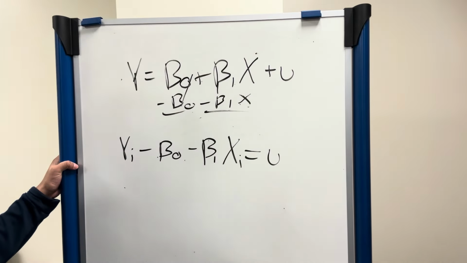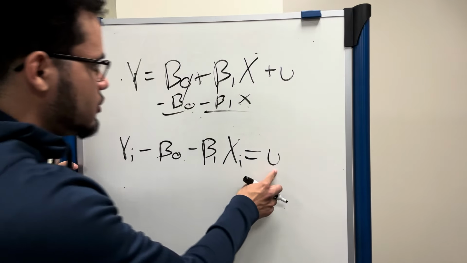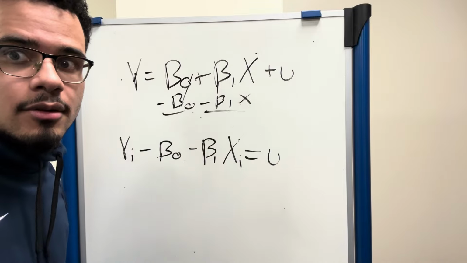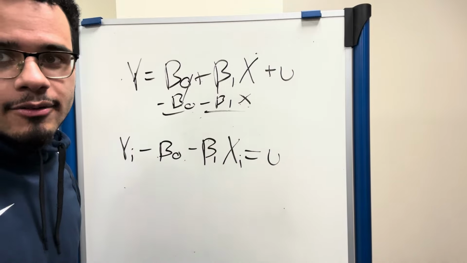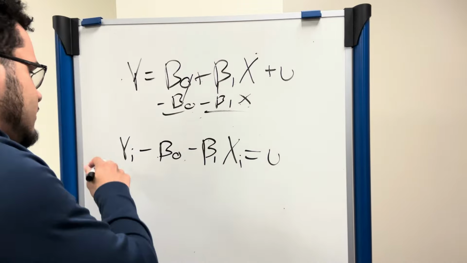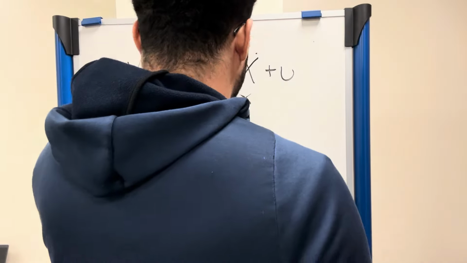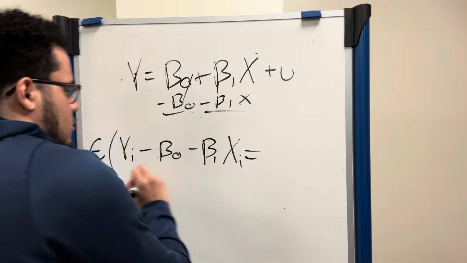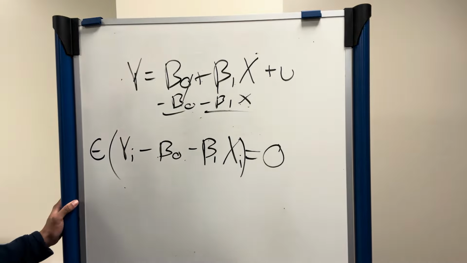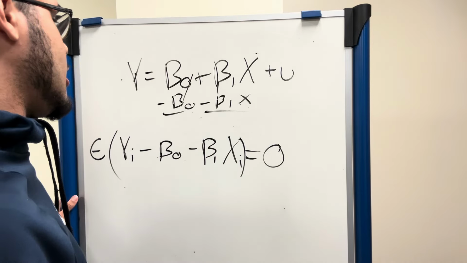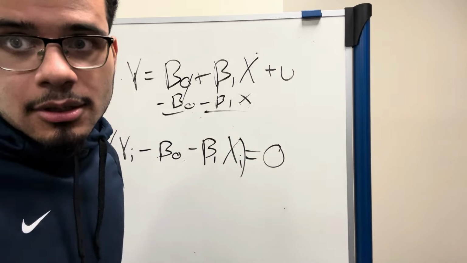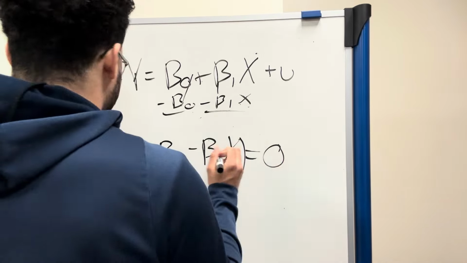So logically, if this is u and the expected value of u is equal to 0, because of what we assumed before, then the expected value of all this would equal 0. So essentially, what we want to do is take an average of all of these values and set it equal to 0. Okay, so that's our first equation.